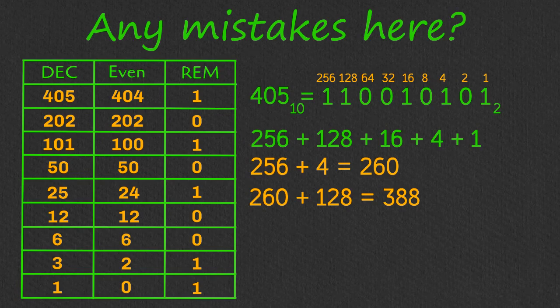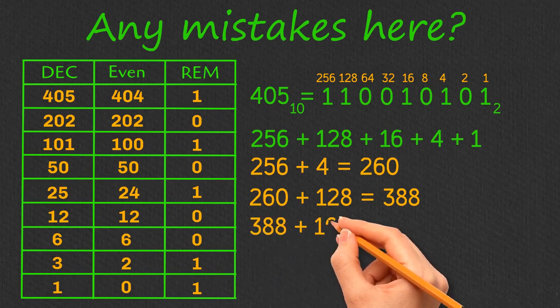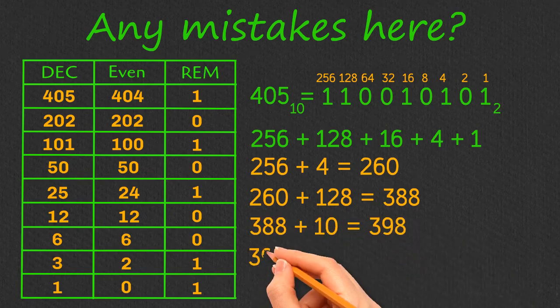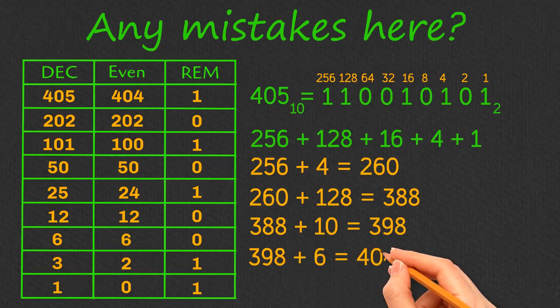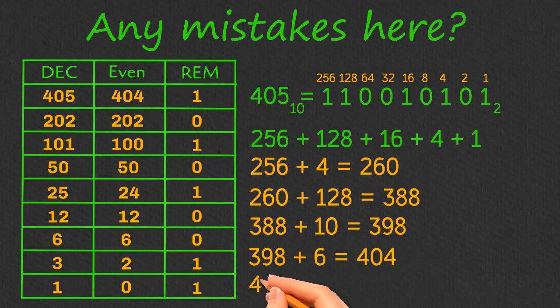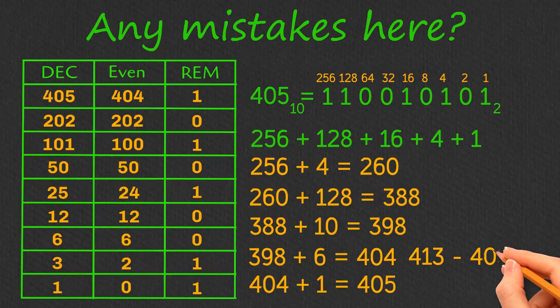To add 16, we can first add 10, which makes 398, and then add 6, which makes 404. Then lastly, we add 1, so the answer is indeed 405. Also, we took out the place value 8 when correcting the table, and indeed, the difference between 413 and 405 is 8. So we are all good now.